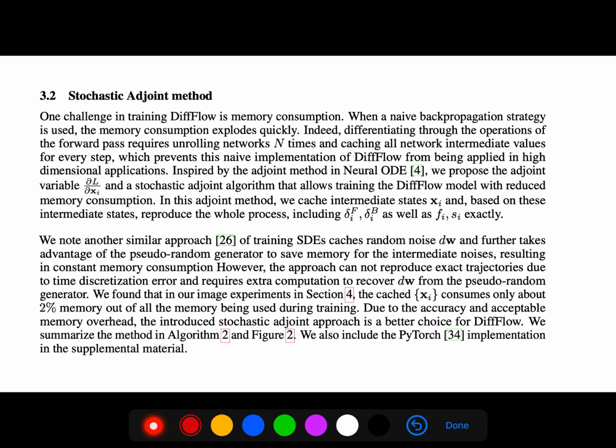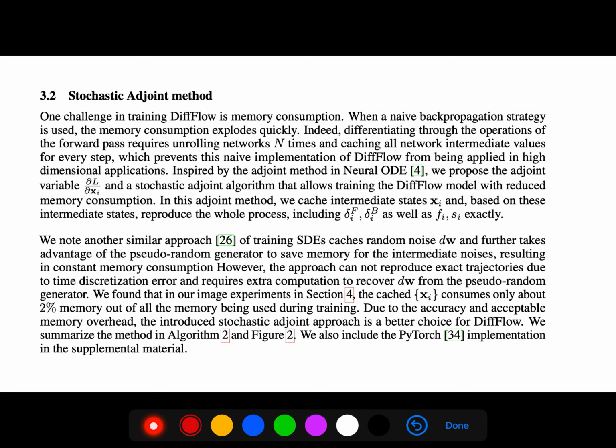One challenge in training diff flow is memory consumption. When a naive backpropagation strategy is used, the memory consumption explodes quickly. Indeed, differentiating through the operations of the forward pass requires unrolling networks N times and caching all network intermediate values for every step, which prevents this naive implementation of diff flow from being applied in high-dimensional applications.